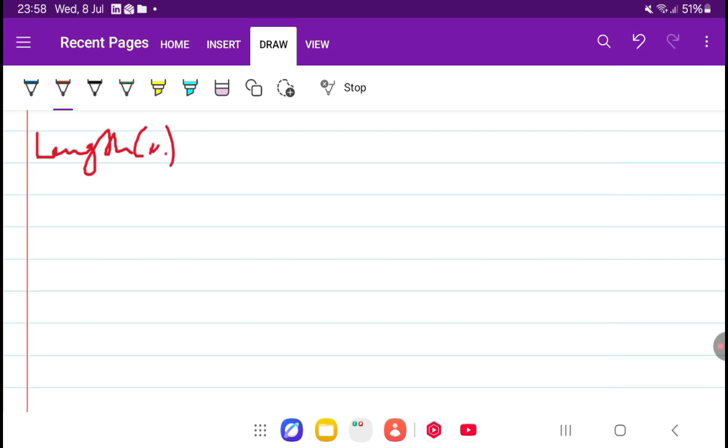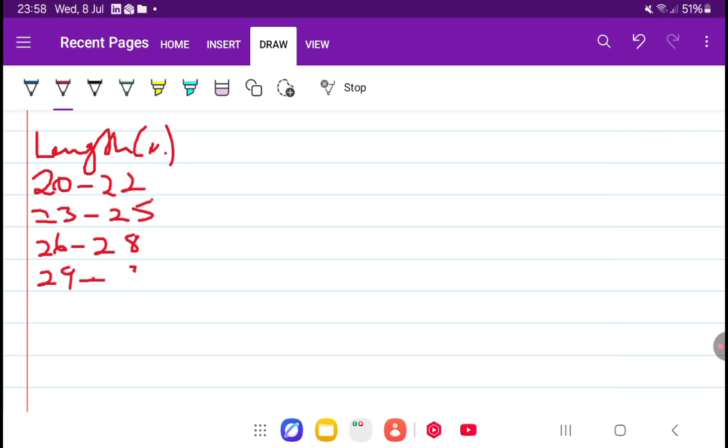Length in meters, because we had 20 to 22, then 23 to 25, 26 to 28, then 29 to 31, and 32 to 34, then 35 to 37.